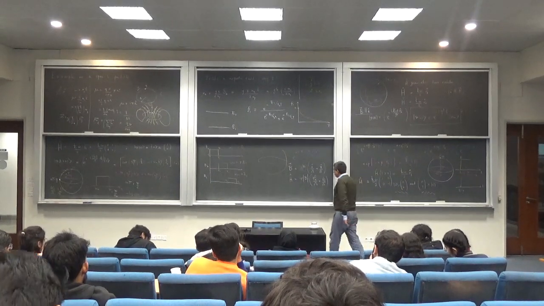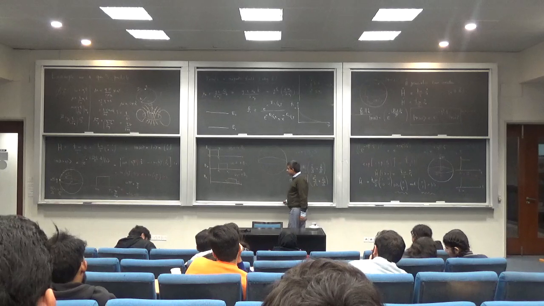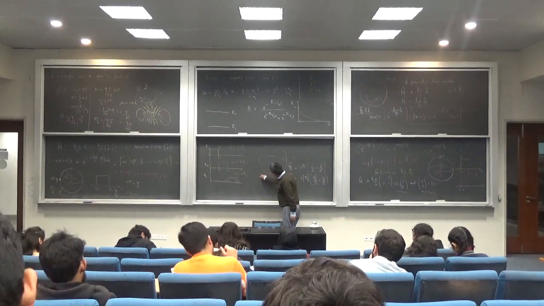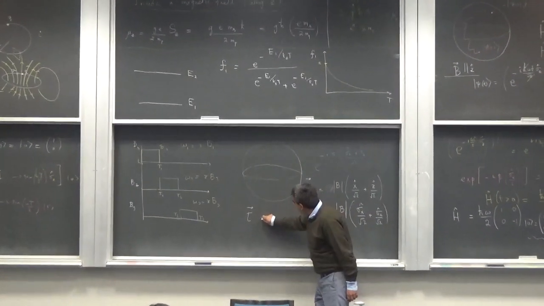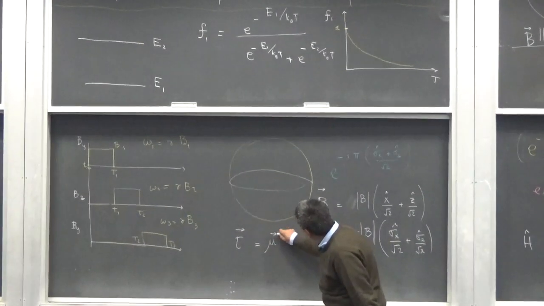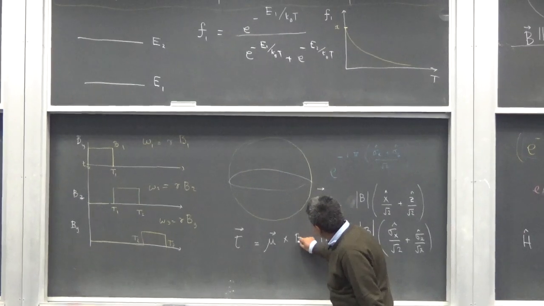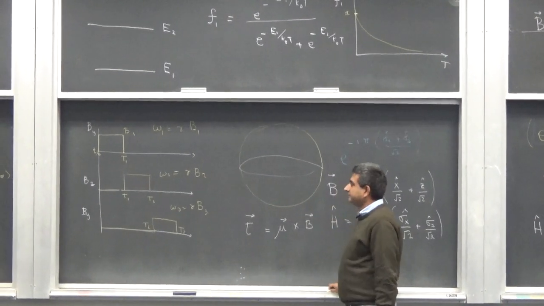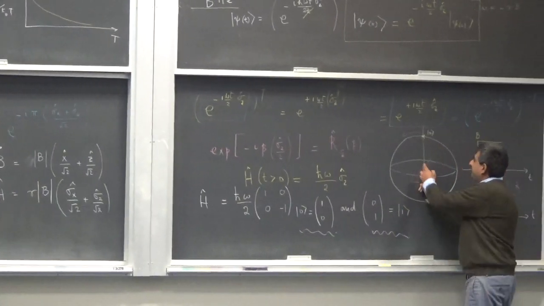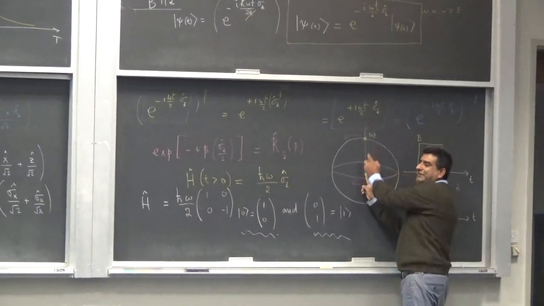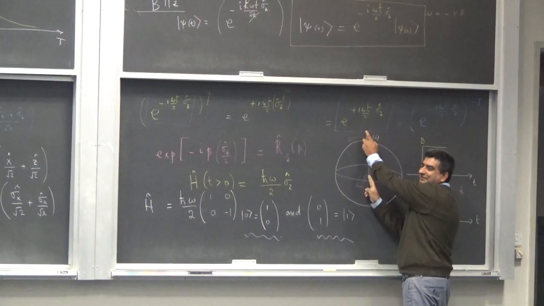When you place a magnetic moment inside a magnetic field, there is a torque acting on the magnetic moment. And that torque equals the magnetic moment cross product with the applied field. Here in this example, your magnetic moment was in the z direction, your magnetic field was in the z direction.